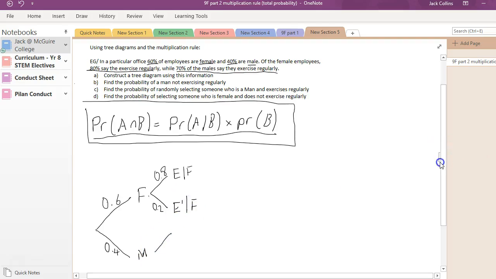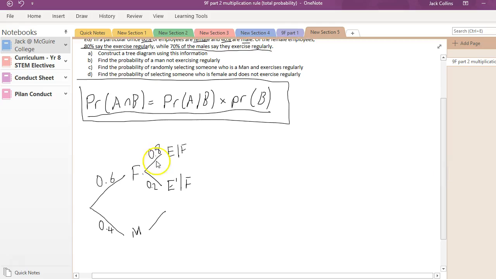Same with men. Given they're a man, there's a 70% chance that they exercise, and there's a 30% chance that, given a man, they don't exercise.